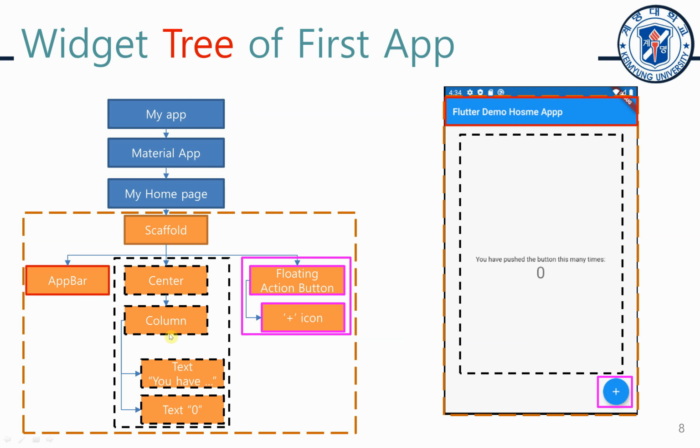I have the app bar, which displays the name of the app. I have the floating action button with an addition icon, and you can see that part of the widget here. And then I have the center widget seated here.